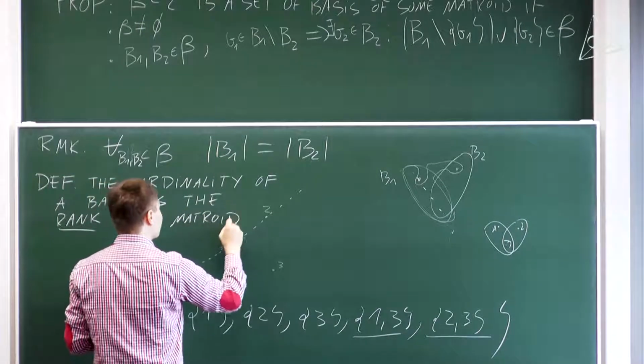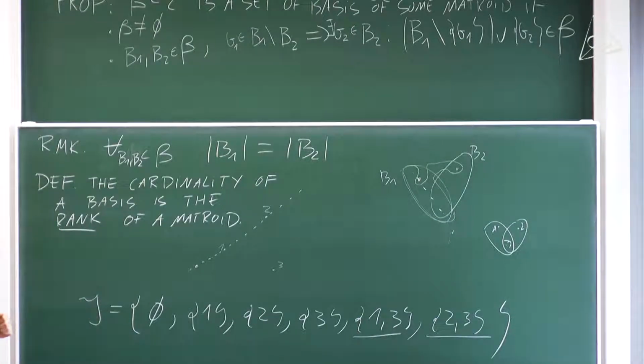Let's check if we are on the same page. What's the rank of this matroid? Well, everyone should shout a number, and I hope it will be the same number. 2, yes. Very good.